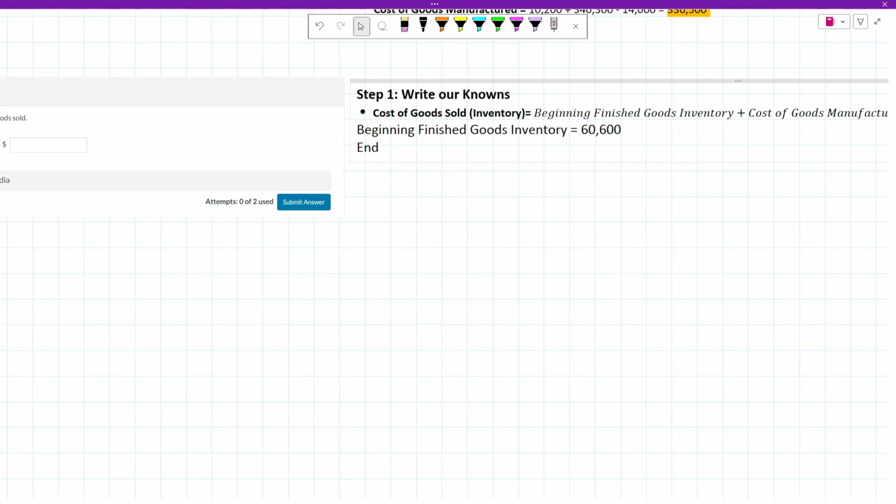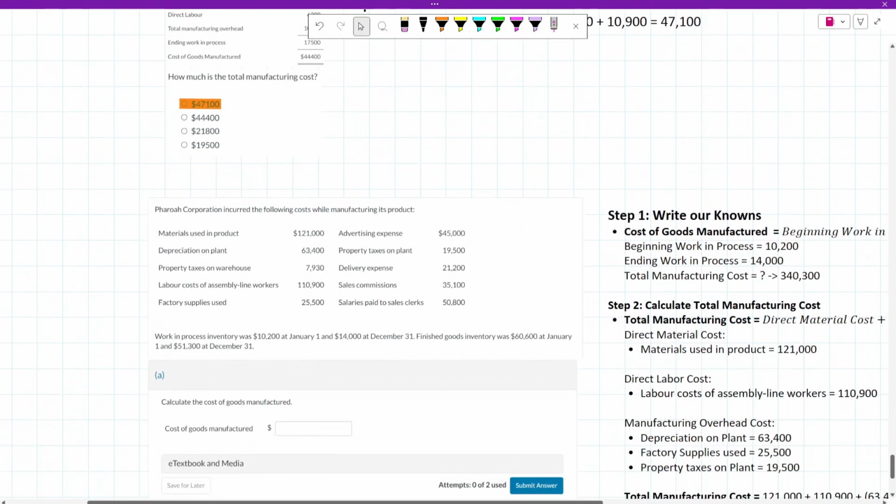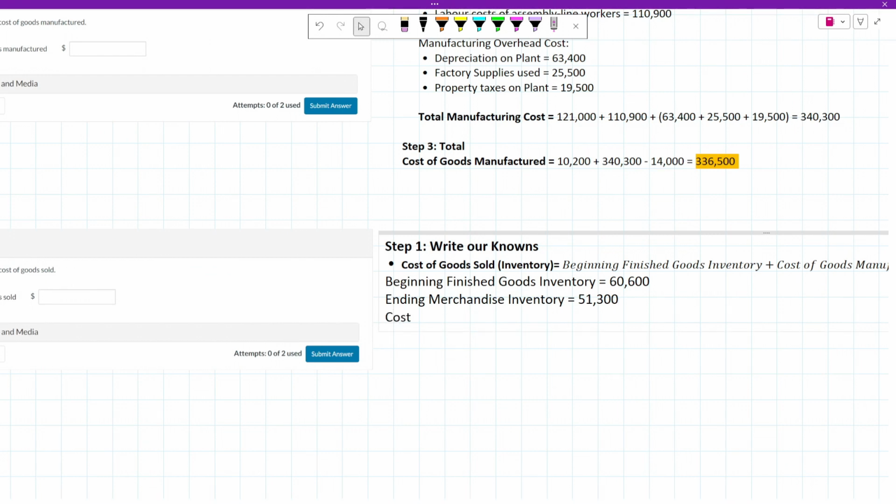And then we can find our ending merchandise inventory, which is here, finished goods ending, 51,300. Let's write that down. And we also just calculated our cost of goods manufactured in our second example, so we could just write that down right away.